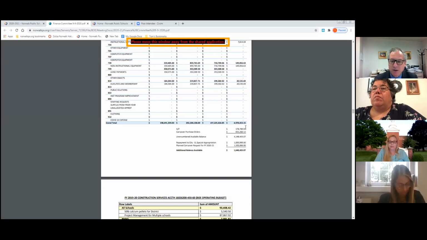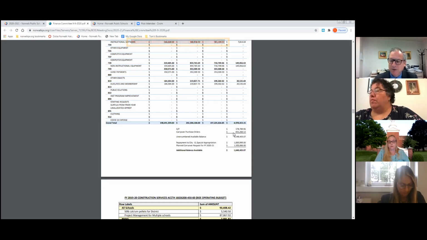There are a number of obligations that still exist at the end of the year that are outstanding, and we have these categorized into a couple of areas. One is accounts payable, which are items for which we received the goods or services by June 30th, but have not yet either received a bill or processed a bill. Those total $178,000. We have purchase orders that were issued to vendors prior to June 30th. Generally in this case, it would be for goods or services that are in process of being delivered.